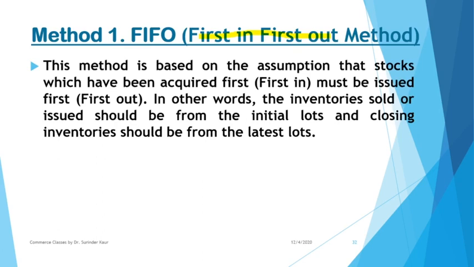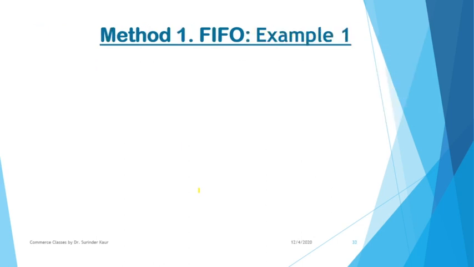So inventories sold will be from the initial lots. If you have purchased the first lot at 9 rupees, then this lot is assumed to be sold first. And your closing inventories will obviously be from the latest lots, right? So in a way, your closing stock is measured at current cost, and your stocks sold or issued are measured at the previous or old costs.